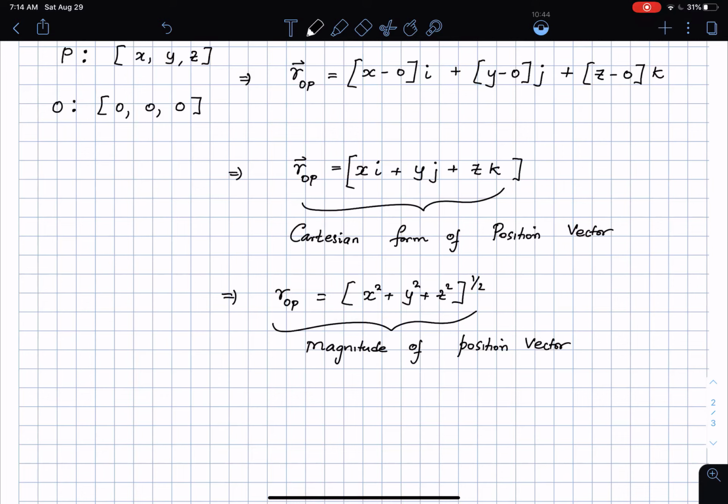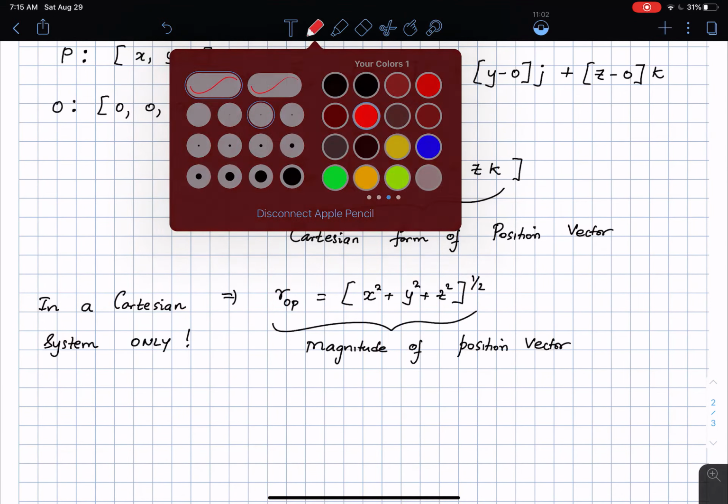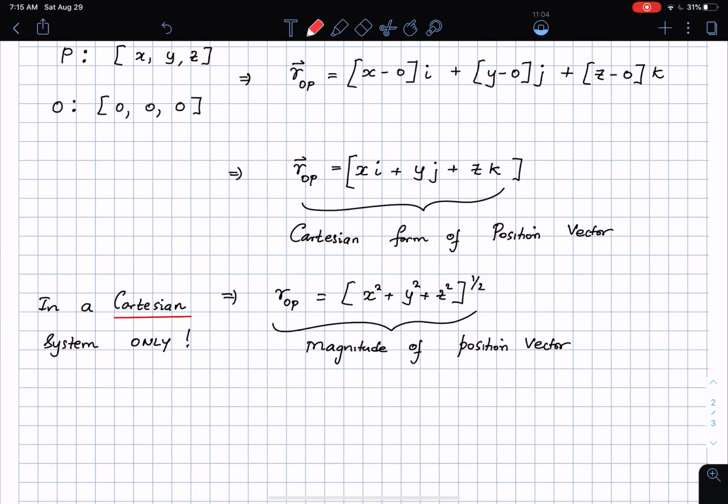In some non-Cartesian system, the magnitude cannot be written this way. So this is only in a Cartesian coordinate system. This is true for any of the magnitudes of the Cartesian vectors that you have seen previously. Okay, so this is the Cartesian form, and then here is the magnitude.